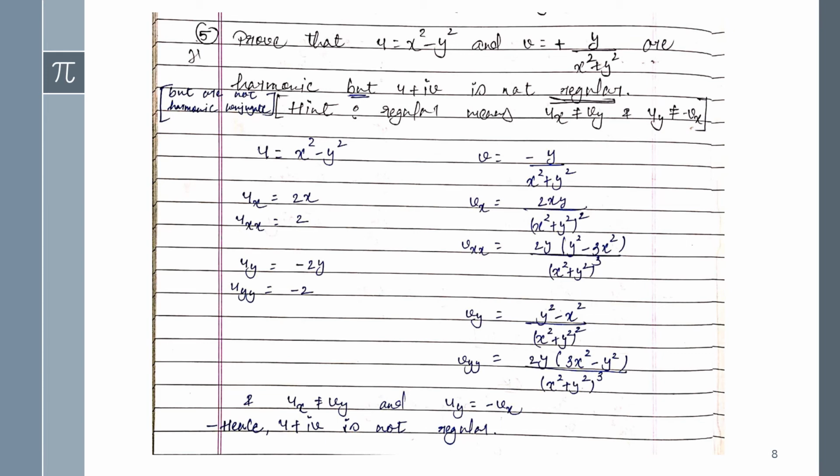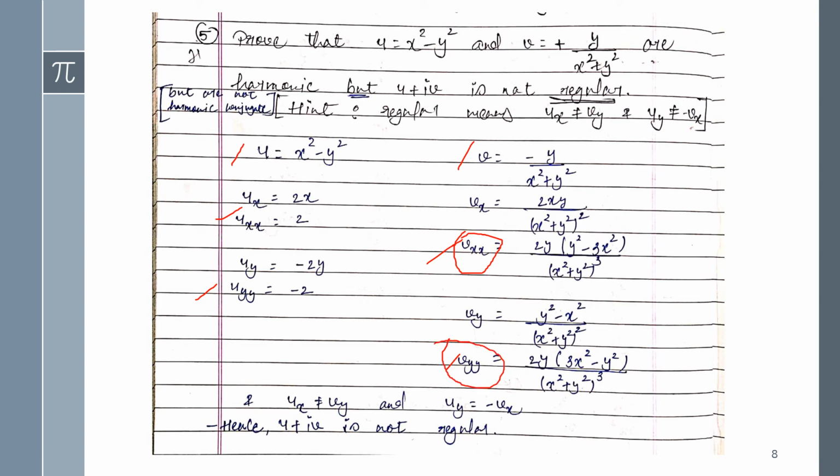So let's start with u and v. Here the real and imaginary parts are already given, so no need to find them again. Here I have written u and v. From this you can find uxx and uyy, similarly vxx and vyy. Here we first check whether it is harmonic or not, so for that we have to do uxx plus uyy equals 0 and vxx plus vyy equals 0, and you can check that this one is of zero form.